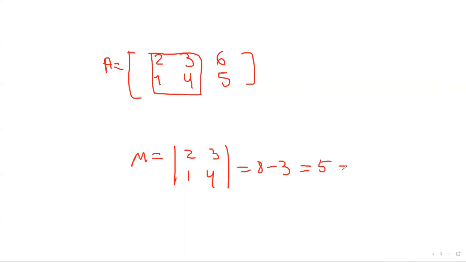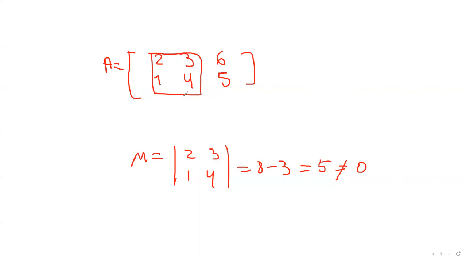The determinant is 8 minus 3, which is 5. This is not 0. So we are interested in whether there is any bigger determinant which covers this minor. Obviously, there is no bigger determinant here.